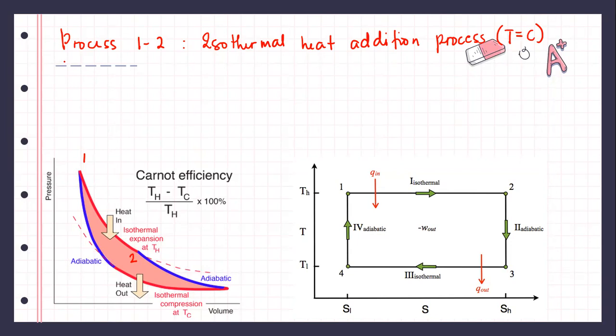While for the process 2 to 3, okay, 2 to 3, we have the isentropic expansion process.